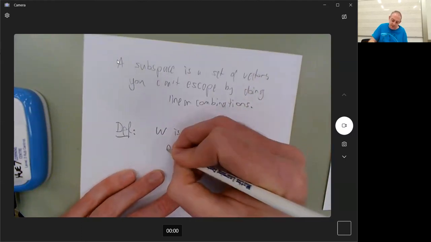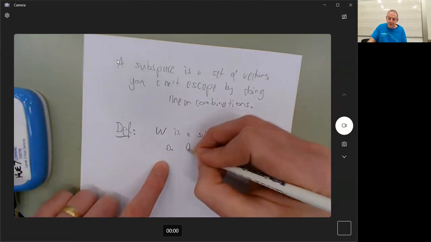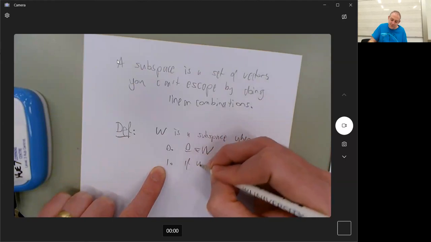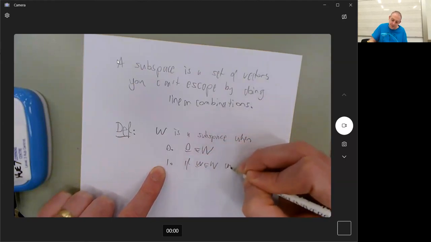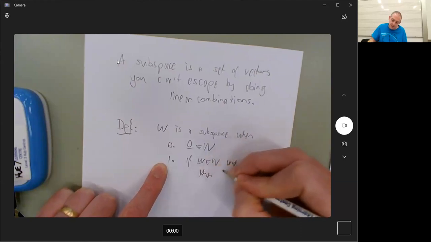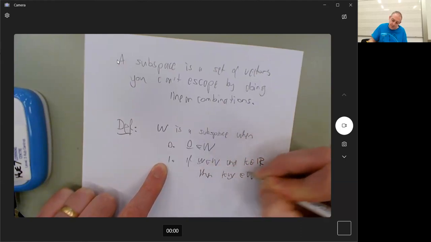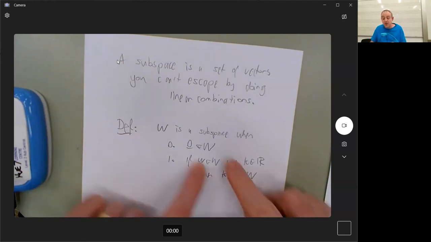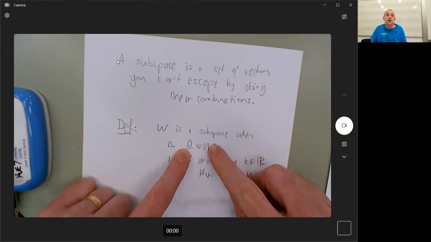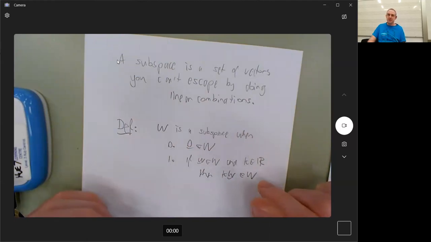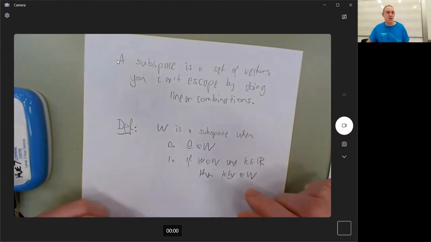W is a subspace when rule 0, the 0 vector is in W. Rule 1, if a vector is in W and you pick a scalar like a number, then K times W is in W here. That means you can't escape it by doing scalar multiplication, which technically covers this rule as well. But there has to be some vectors in it to begin with. You could technically describe some vectors and say, I've thought of the vectors where x squared plus y squared is -1.